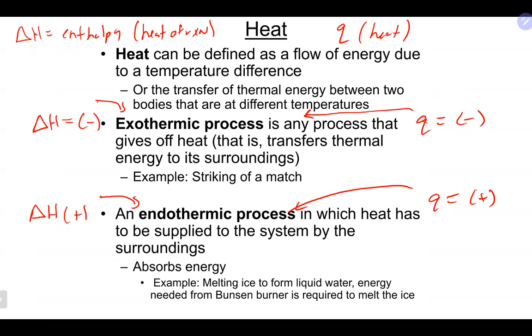So in general, if any type of energy value is given to you in a problem, and it is negative, it implies that overall what's happening is an exothermic process. Heat and energy is going to be released. And if you end up with a positive delta H, that means everybody's basically absorbing energy as a result of that process.